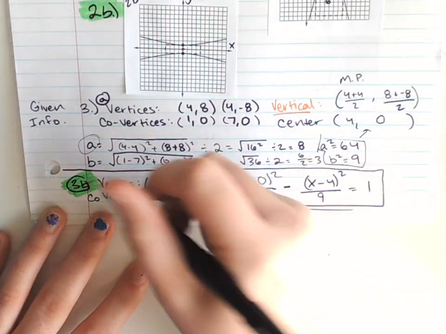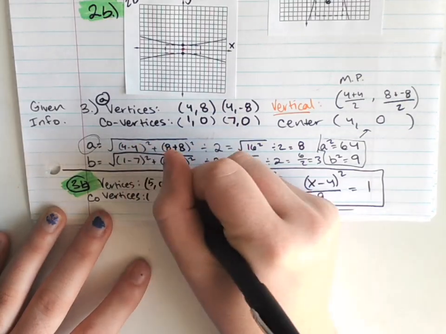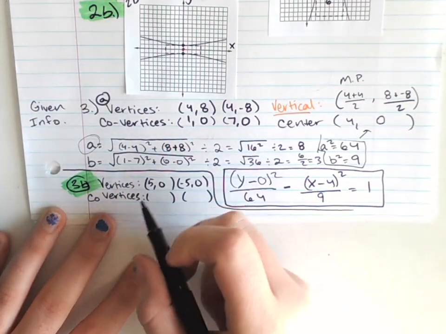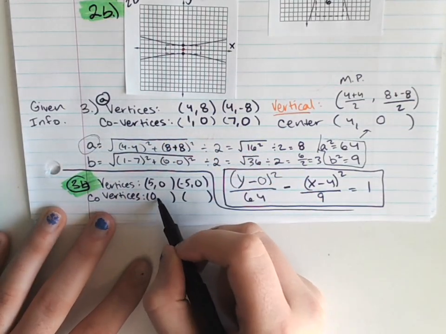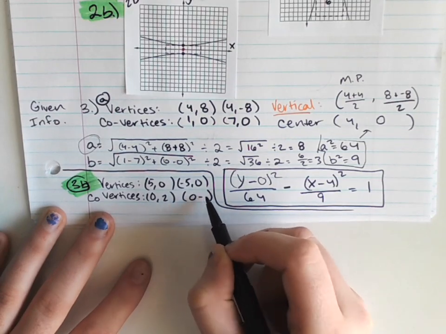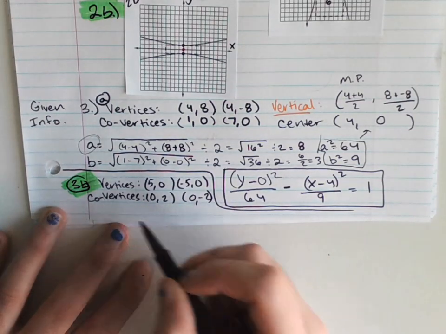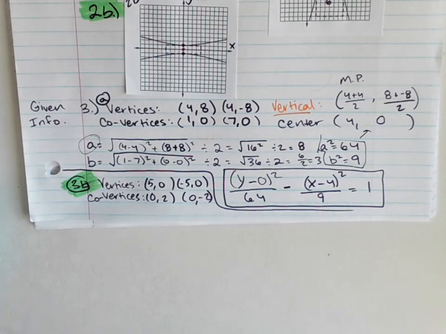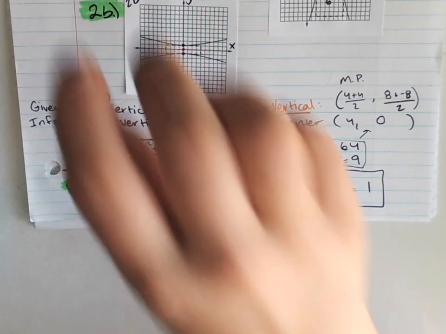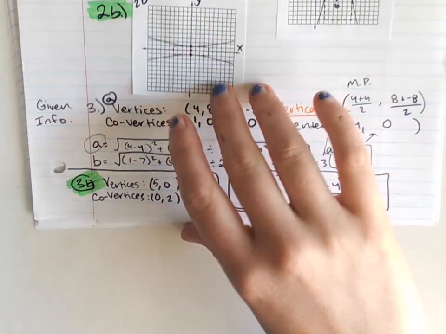If the vertices were 5, 0, and -5, 0, and the co-vertices were 0, 2, and 0, -2, I want you to write an equation for 3b. That one's good. Next one.